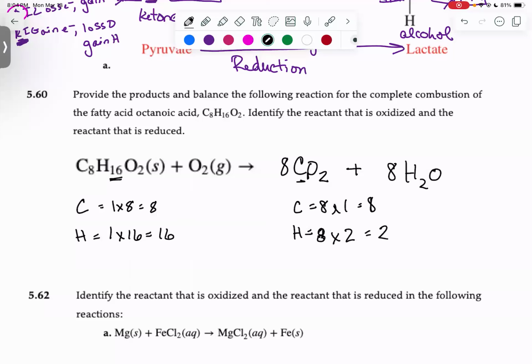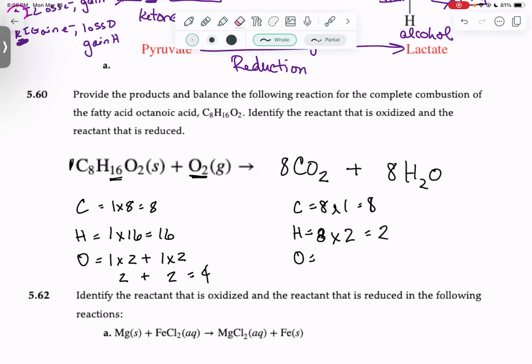Well, 8. So 8 times 2, so I need to put an 8 in front of here, gives me 16. Now I'm going to do my oxygens. It's the only one left. So I have a 1 here. So 1 times 2 gives me 2, but I also have an O2 molecule here. So 1 times 2 gives me 2. 2 plus 2 gives me 4. Let's see what we have on the product side. So now we erase all this stuff that I've written.